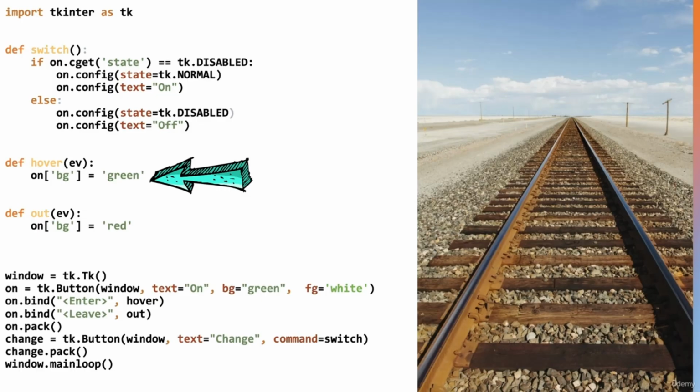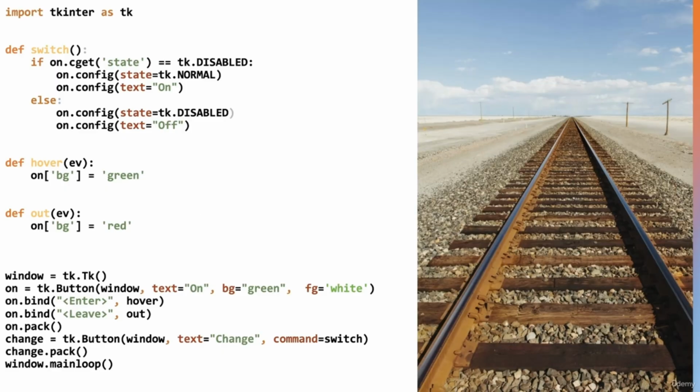We will write the following line of code, which will allow us to change the color of our own button by accessing the BG property of our button widget and assigning a green color to it. Our out callback will be triggered as our mouse leaves the on button area by again accessing the property, specifically the BG property, and changing the color to red.